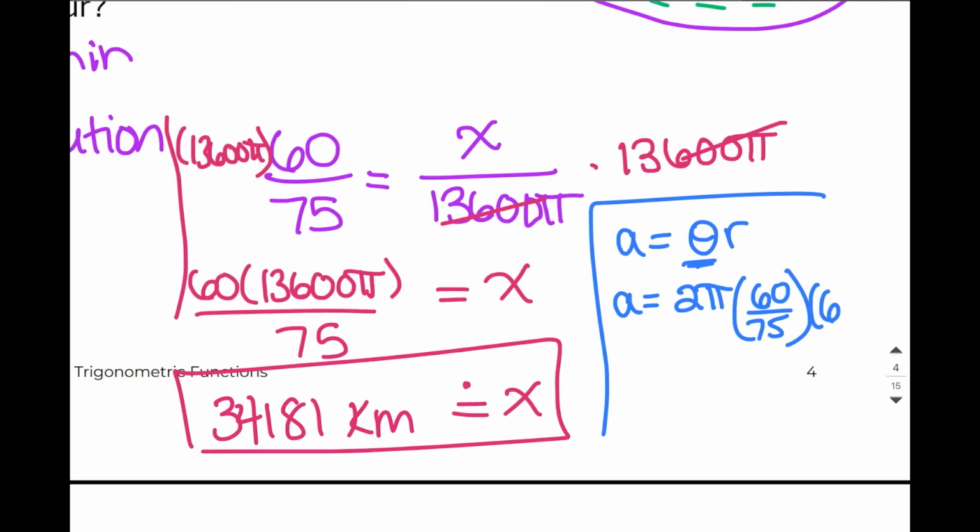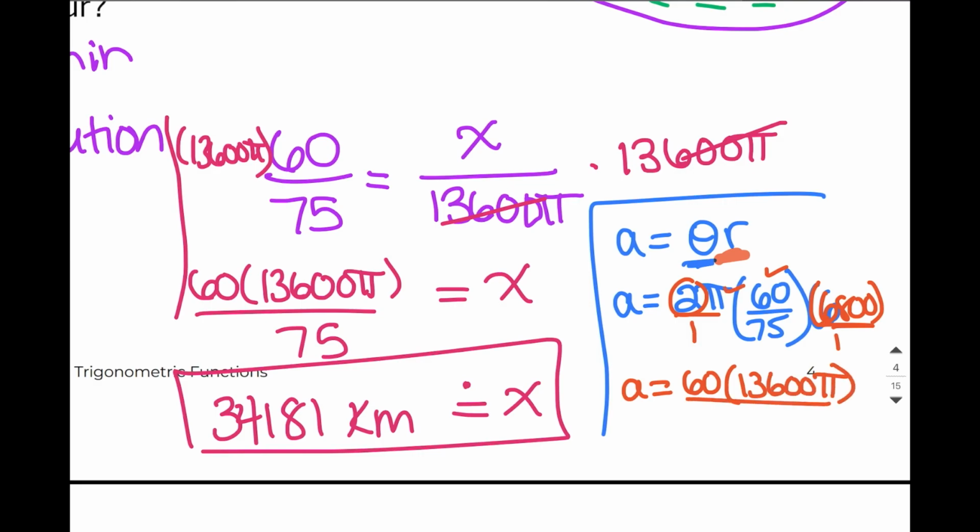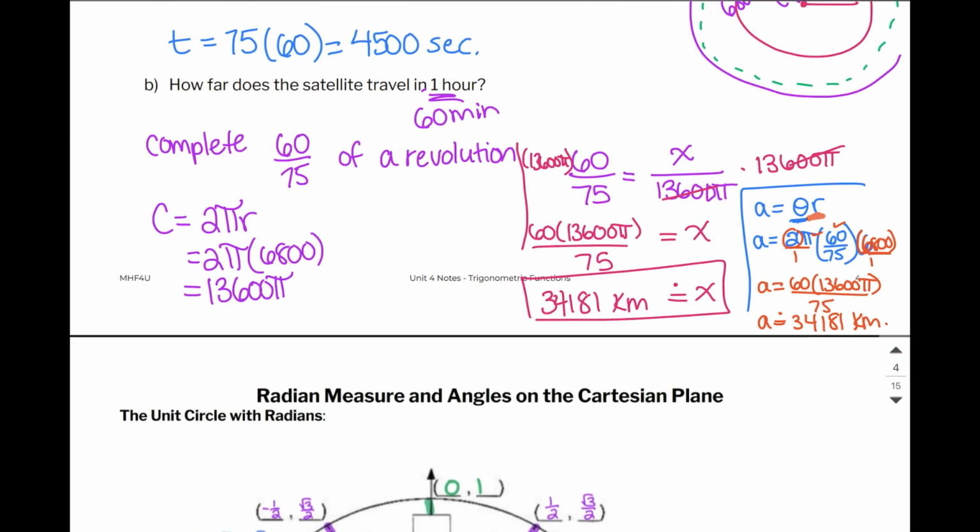Then I can multiply that by the radius, which is 6,800. If I make this over 1, you're going to see that I still get the 60, and 2 times 6,800 is 13,600 with a pi, all over 75. You still get the same numbers when you multiply this together, so you would still get 34,181 kilometers.